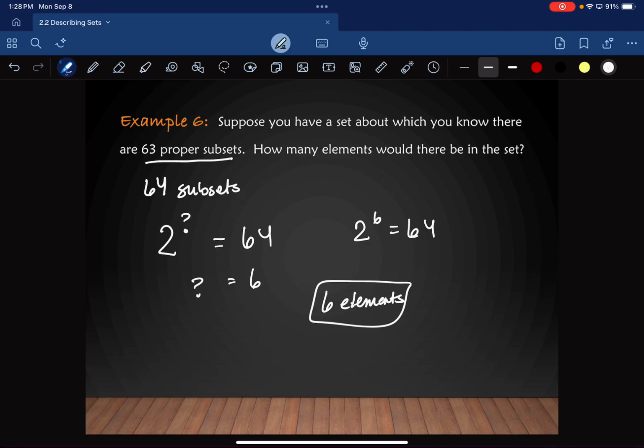I need a bigger power. Okay, let's jump and say, maybe it's 7, 2 to the 7th. Oh my goodness, it's 128. That one was too big. It's the number in between. It's got to be a whole number because n is representing a number of people in this context. I can't have half of a people, right? It doesn't work that way. So I'm going to be using whole numbers, and I can trial and error that just fine. Does that make sense? Okay.